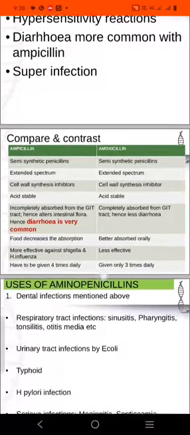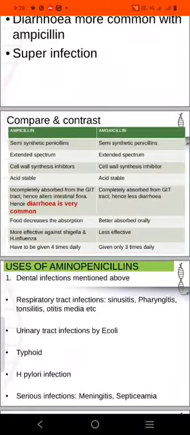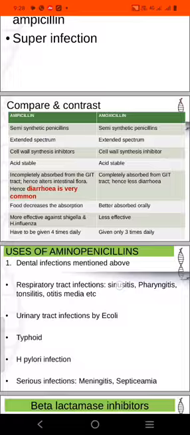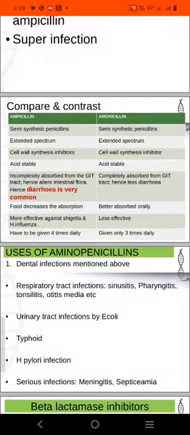So the next one is, we can compare and contrast ampicillin and amoxicillin. Ampicillin is a semi-synthetic penicillin. Amoxicillin is also the same, and they are extended spectrum, that is, they are effective for gram-negative bacteria also.